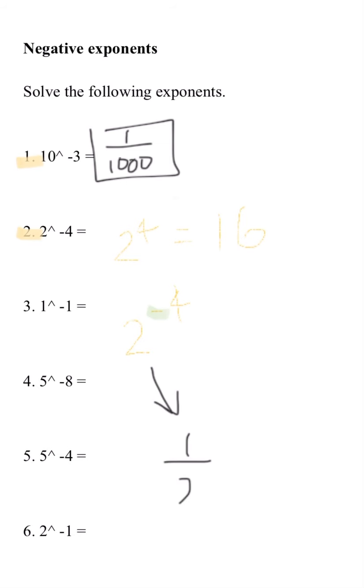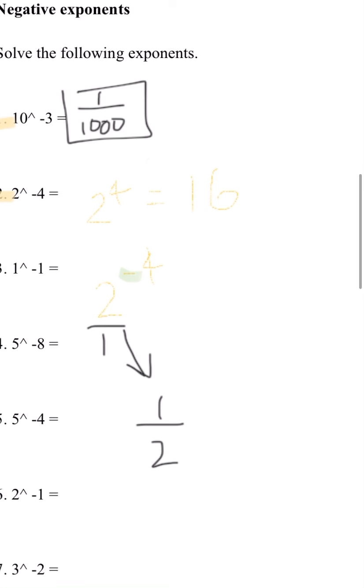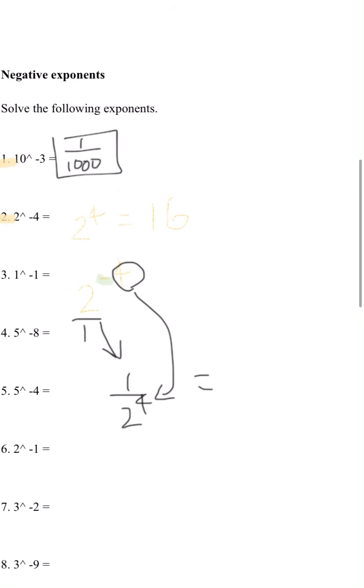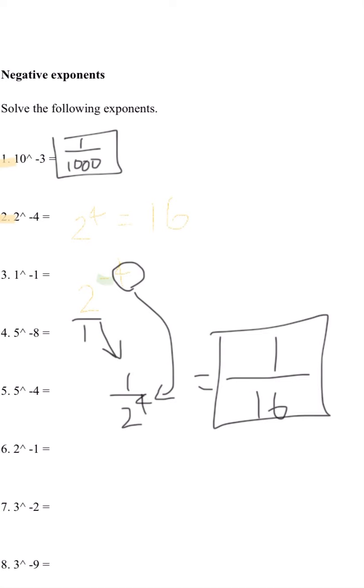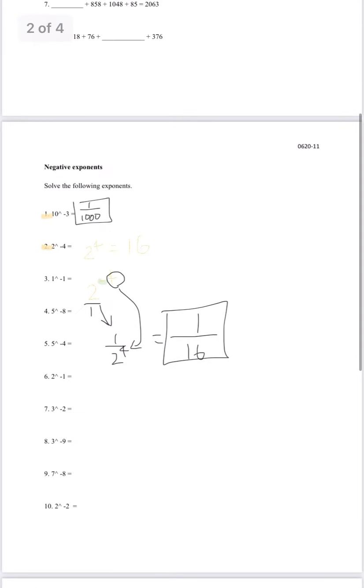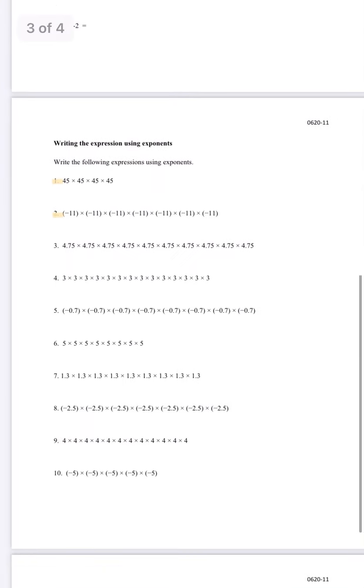When we reciprocate it, we're going to get 1 over 2, right? Why? Because there's a 1 in the bottom. And then the exponent is going to go down to the denominator, right? So our final answer is 1 over 16. Okay? So go ahead and try the other ones, and then let's move on to our third page.